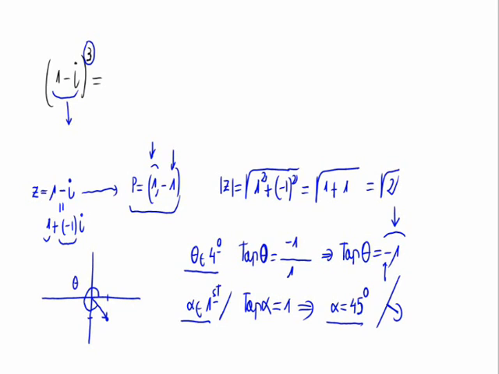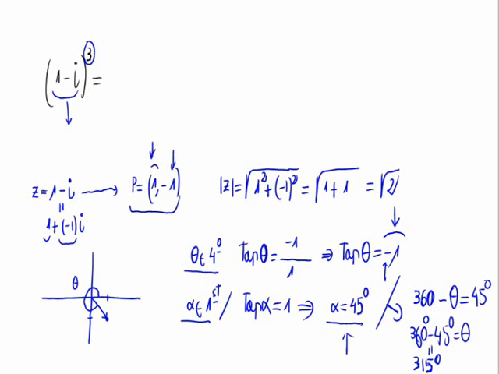The formula for reducing to the first quadrant is 360 minus theta equal alpha, that is 45 degrees. From here we have theta equal to 360 minus 45, and that is equal to 315 degrees.